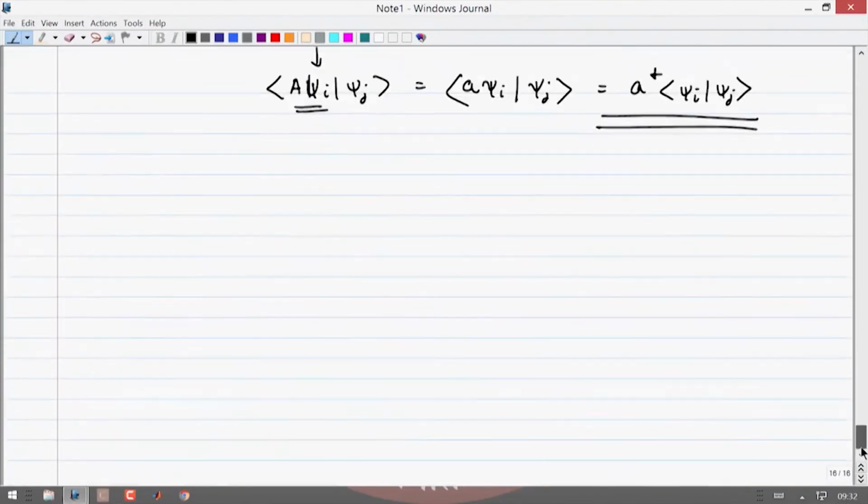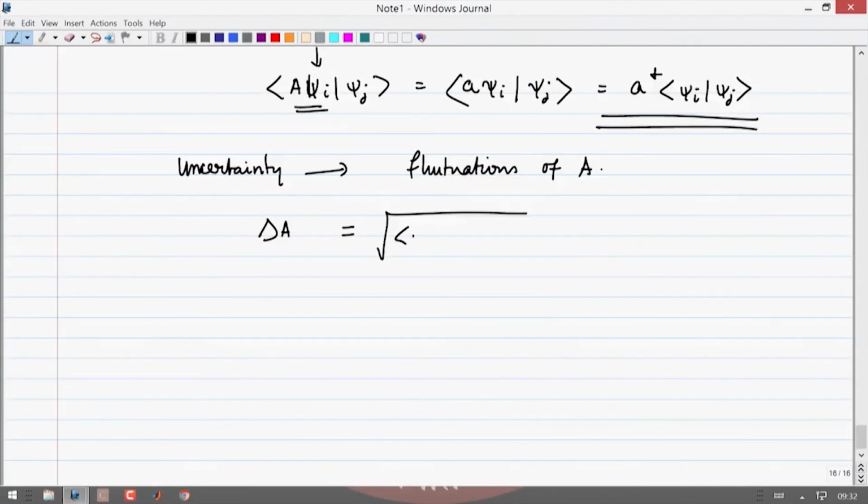Now, the last thing regarding the operator is what is known as the uncertainty in the measurement, or fluctuations in the values of A. The uncertainty delta A is given by the square root of the average of the square of the operator minus the square of the average.